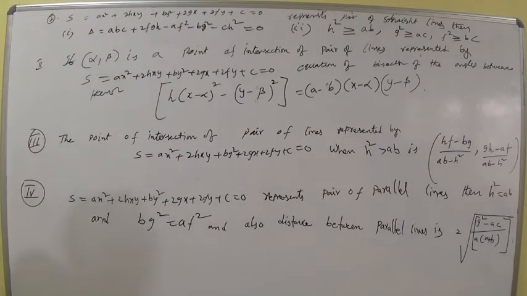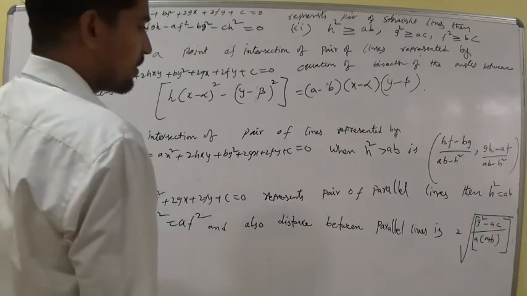So here the root is for numerator and denominator, don't get confused. Sometimes x coordinate or y coordinate becomes 0 like that.